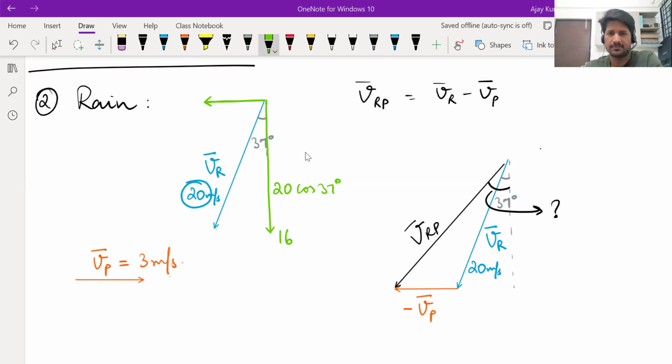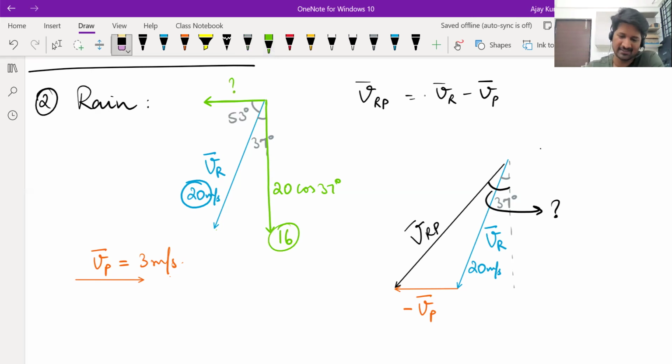Aishwarya, is this clear? So yes, sir. Can you tell me its x component? If this angle is 37, the angle with the x-axis will be 53 degrees. How much is the other component? So 12 j cap. Don't say j cap. J cap is positive y direction.